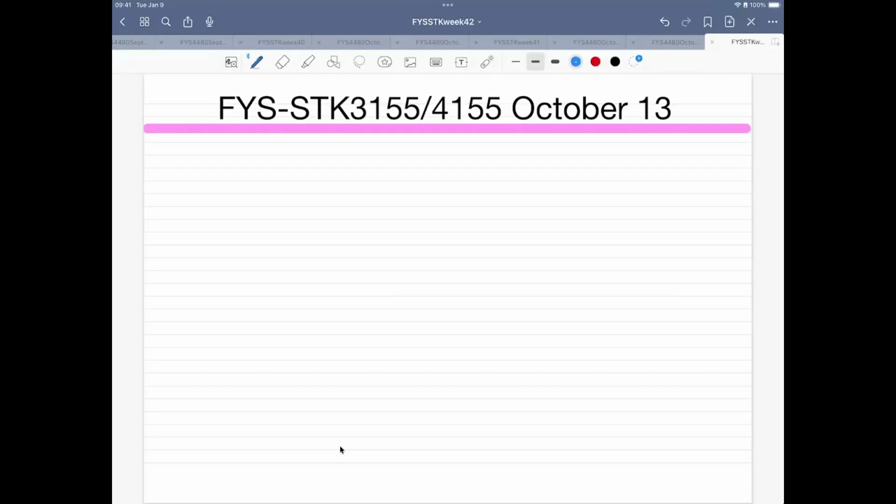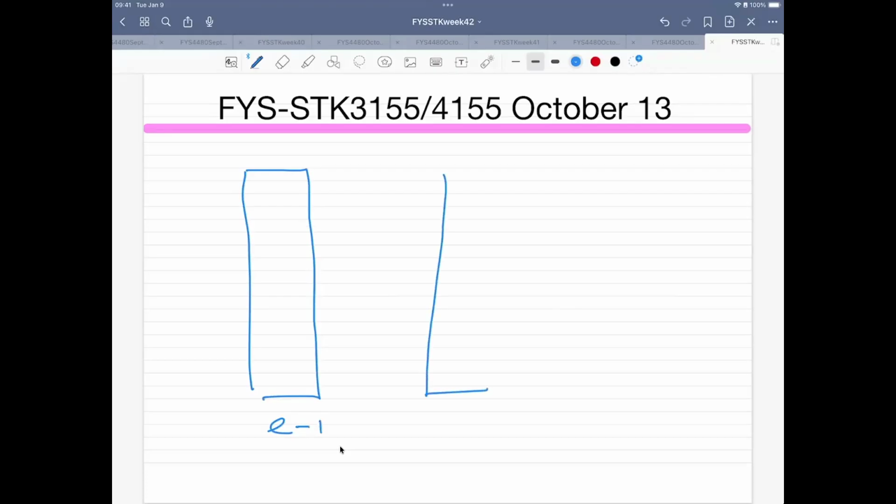So where we were last time was we had almost done the last step, and we had a layer. I'm just going to write it like this, and this was layer L minus 1. And then we had a layer L like this.